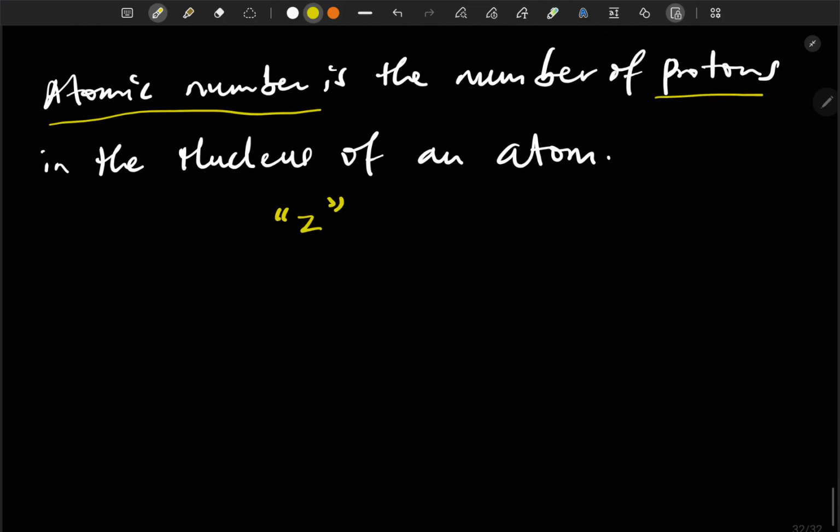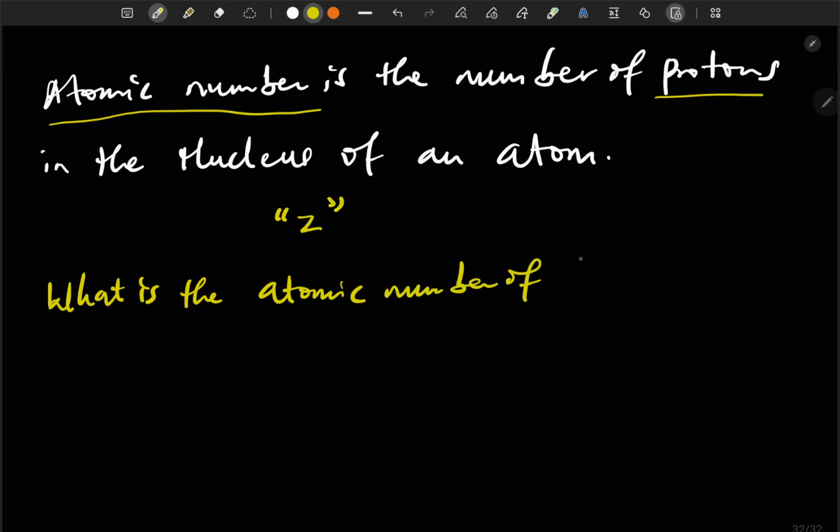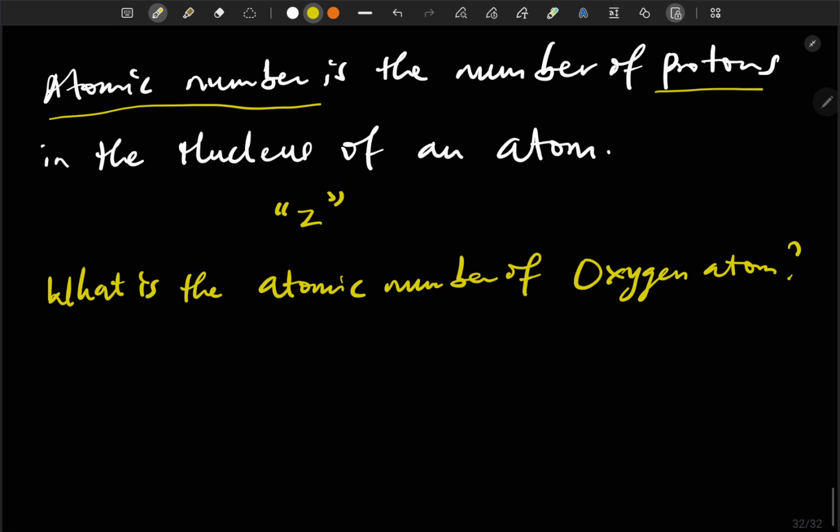So for instance, what is the atomic number of, let's say, the oxygen atom? Now, you probably have to learn the first 20 elements on the periodic table, and these elements are arranged according to their atomic number. So we have hydrogen, helium, lithium, beryllium, boron, carbon, nitrogen, oxygen, that's number 8 in that order.